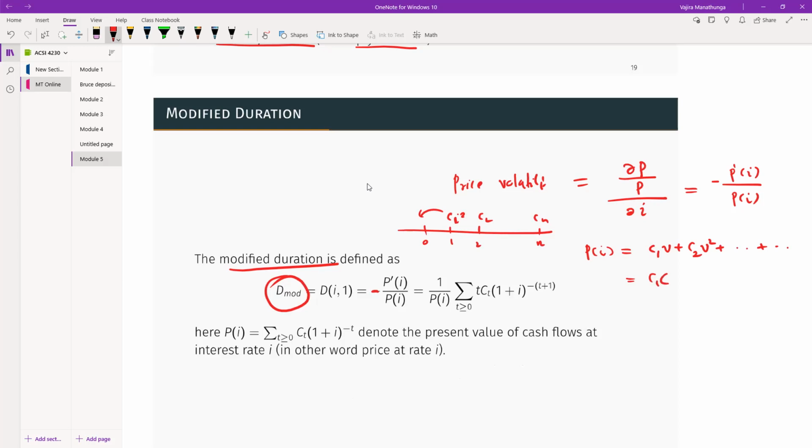If I expand this, v is actually (1 plus i) to the power negative 1, (1 plus i) to the negative 2, and so forth. If I take the derivative P prime(i), that's going to be negative 1 times C1 times (1 plus i) to the negative 2, and then negative 2 times C2 times (1 plus i) to the negative 3. That's why you see here t times Ct times (1 plus i) to the power negative (t plus 1). So this is basically the derivative.